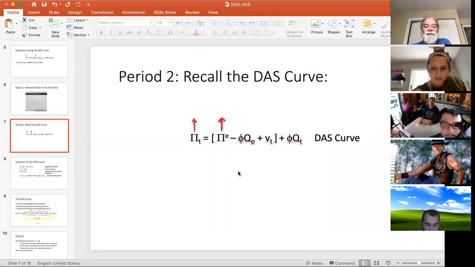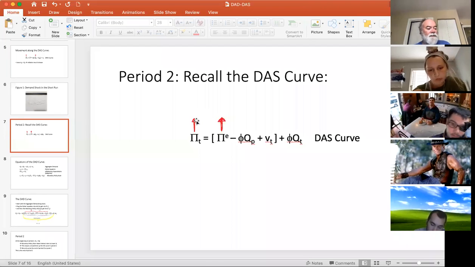So the question is, if inflationary expectations go up, what happens to the DAS curve? Do you want a hint? Goes up. It's in the square brackets. So yes, the DAS curve shifts up. Okay. Because it's shifting up, the inflation rate rises again.